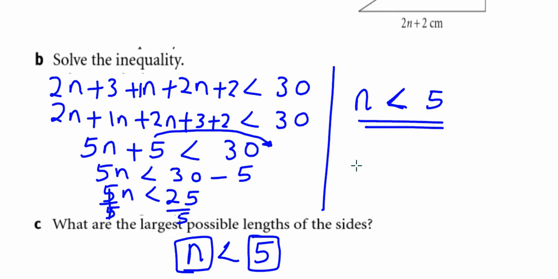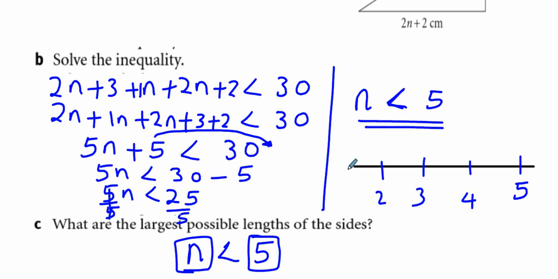There are plenty of numbers which are less than 5. Those numbers are numbers like 4.9, 4.8, 4.7, 4.6, and so on until 4.